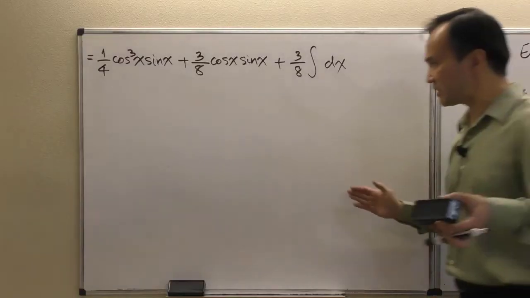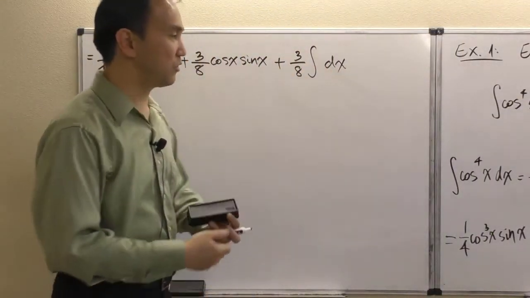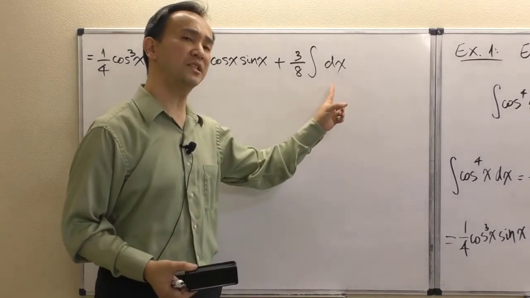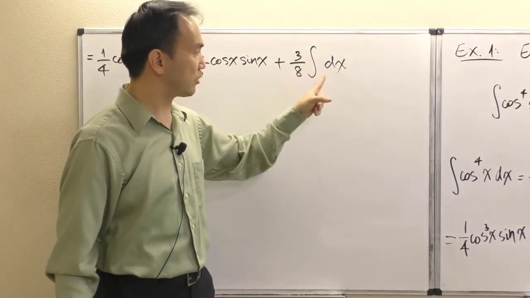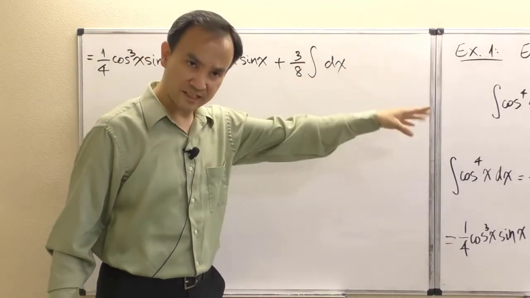And now when it gets to this point, we no longer have to use the reduction formula, because this integral is simple. It's just the integral of 1 times dx, as we have seen earlier.